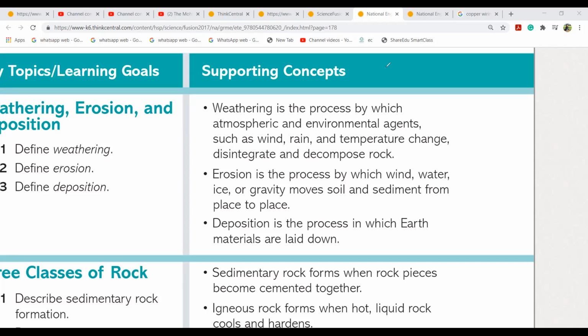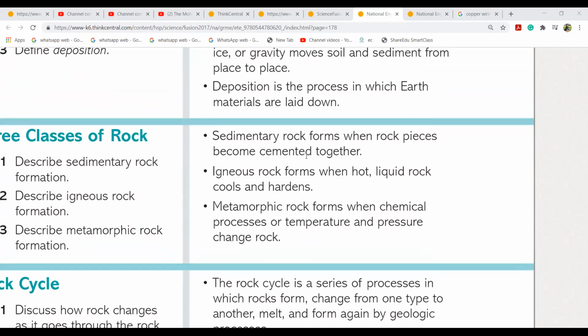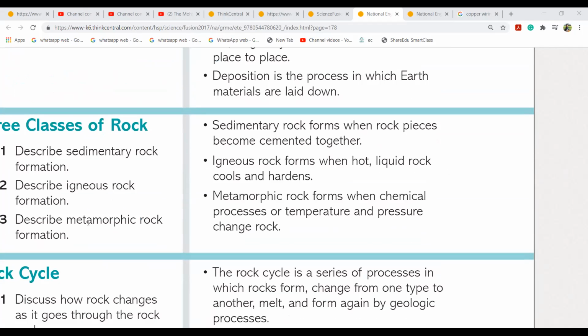Now, when I say sedimentary rock, can somebody explain sedimentary rock to me? We have three rocks, girls. I'll make this line and explain. You are the ones who are going to tell me, because we have repeatedly explained this before.